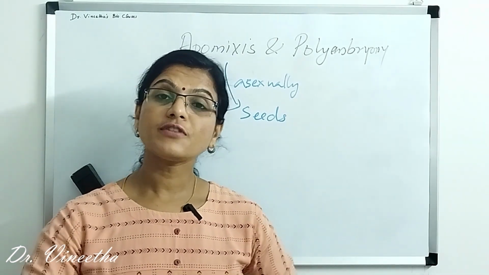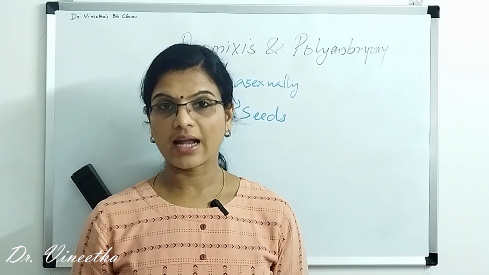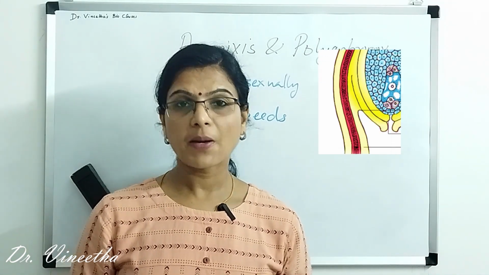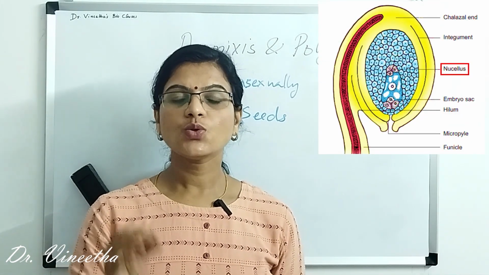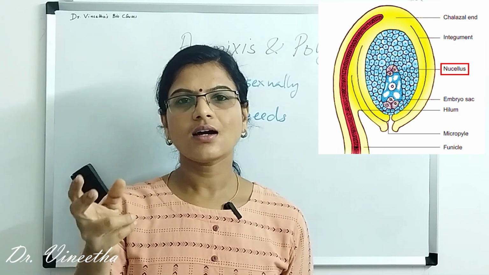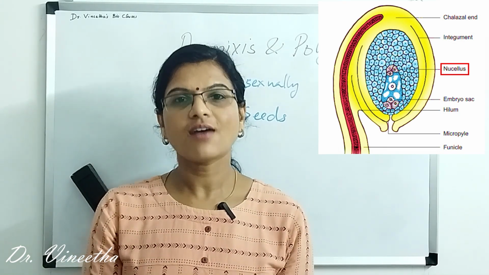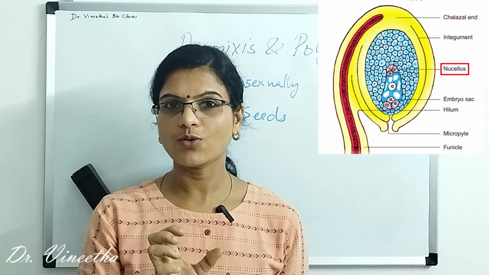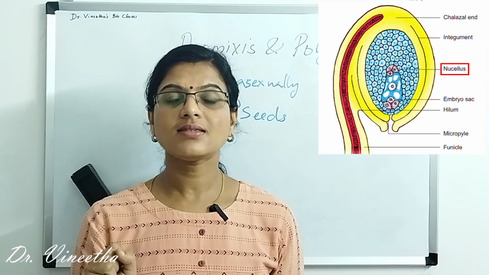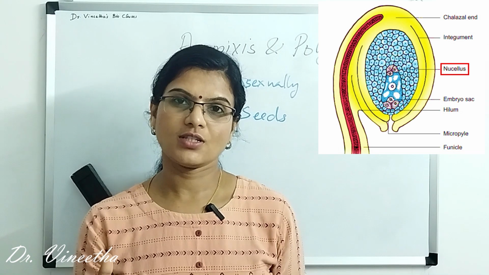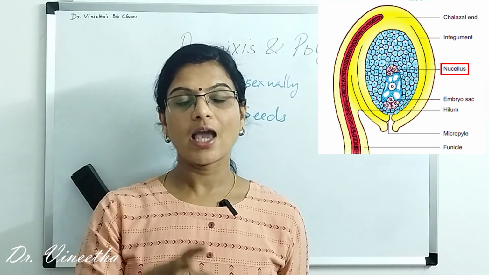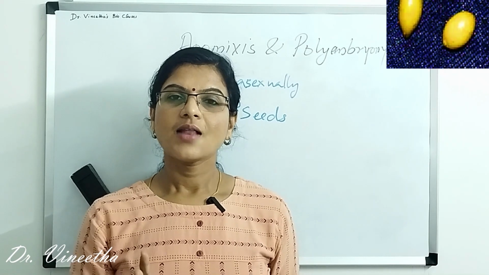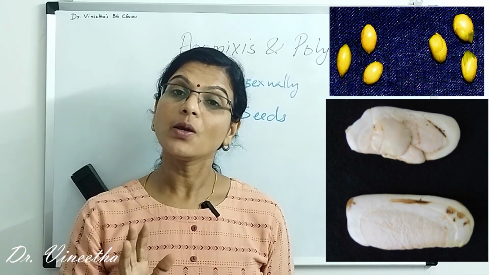And in many mango and citrus varieties, it has also been seen that the nucellar cells, remember the nucellar cells? The nucellus or the nucellar cells are the outer covering of the ovule, which gives nourishment to the ovule, right? So these nucellar cells divide mitotically. They also enter into the embryo sac and form embryos. So in such varieties, the number of embryos will be more.